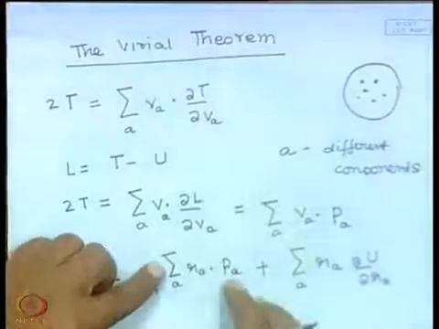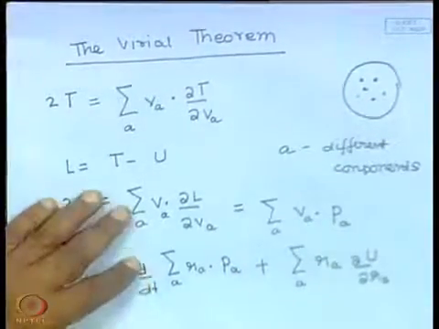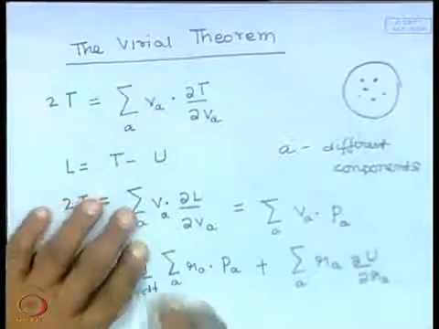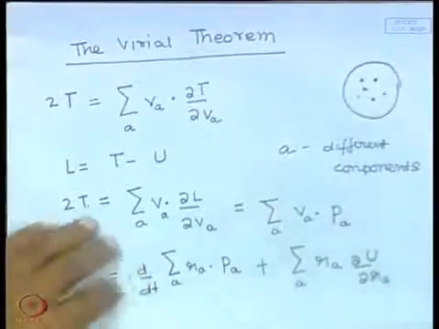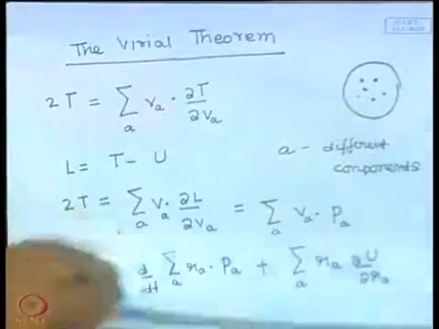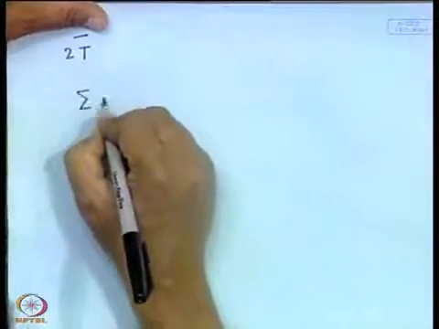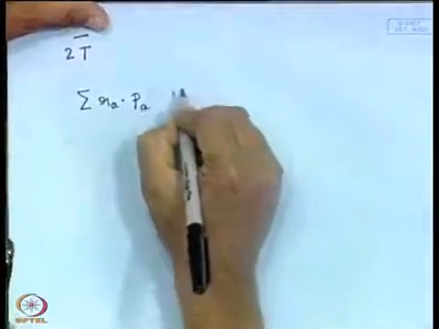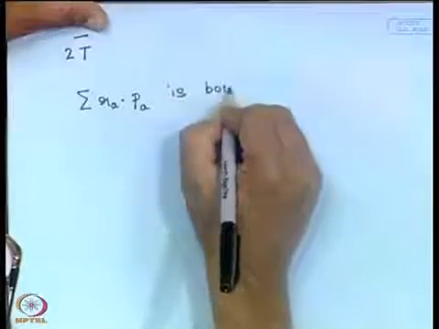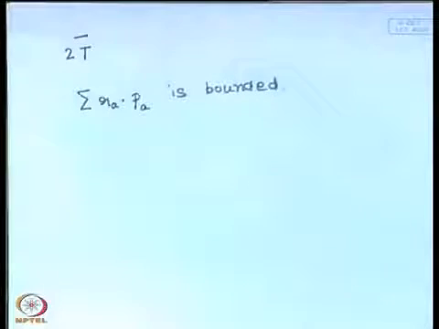Now, the quantity r dot p, if the system is bounded, is also going to be bounded. Okay. So this quantity is going to be bounded, and if my system is bounded, this quantity is also going to be bounded.